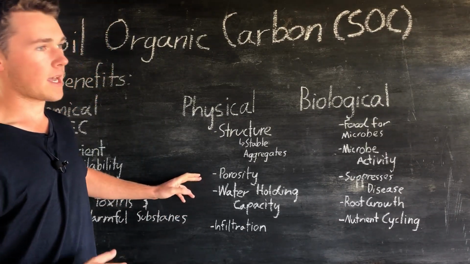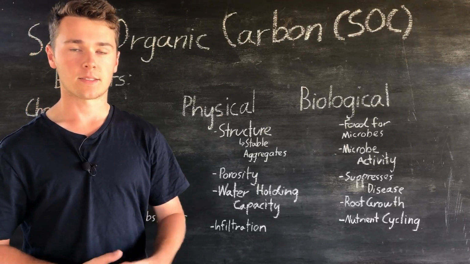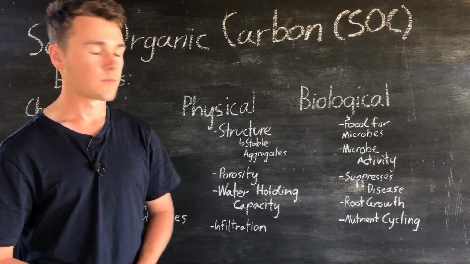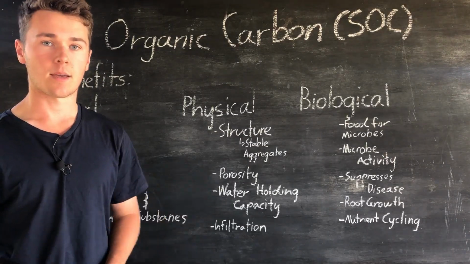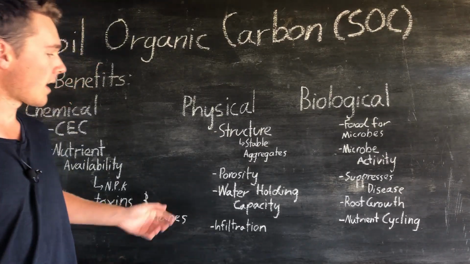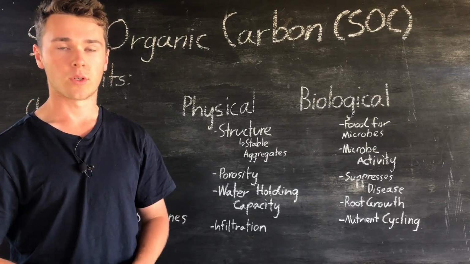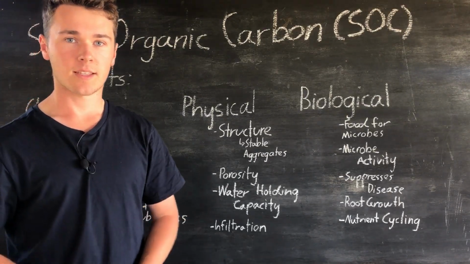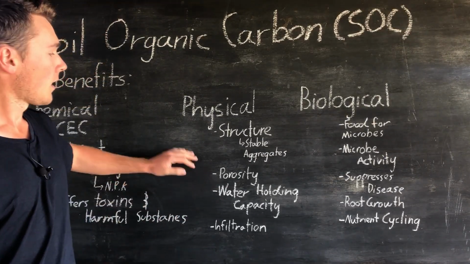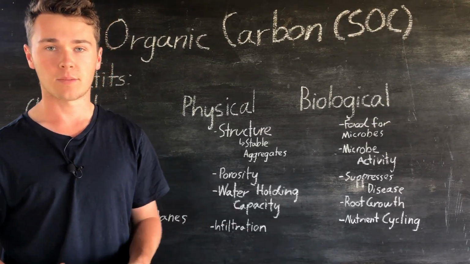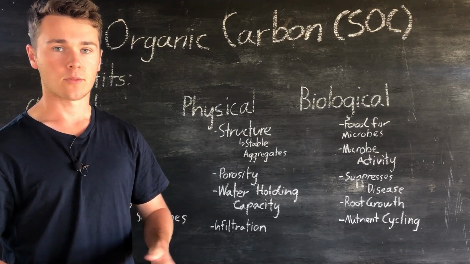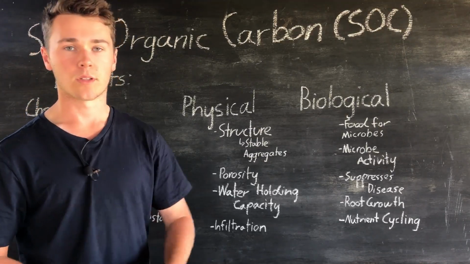So this almost affects how easy things are able to move through our soil. We want a nice, fairly high porosity so that gas can move in and out of our soil, and that our roots can move through the soil and grow. So soil organic carbon will increase the porosity, also increase structure, so providing a better medium pretty much for our plants to grow their roots through, and gas and water to move through.